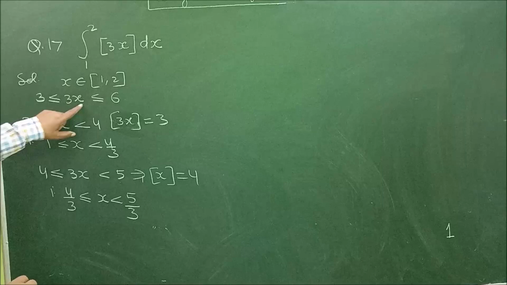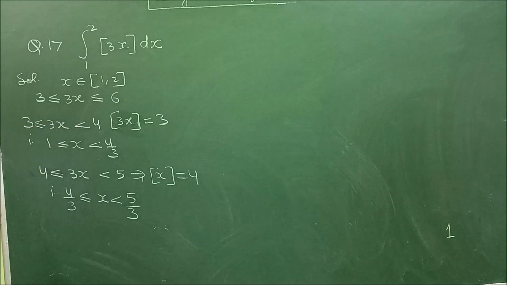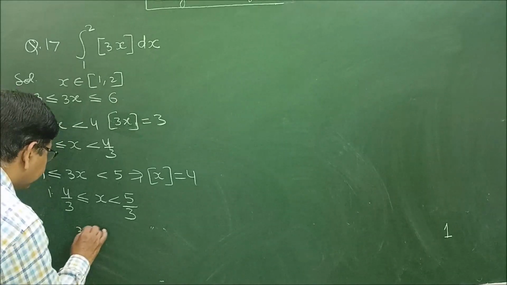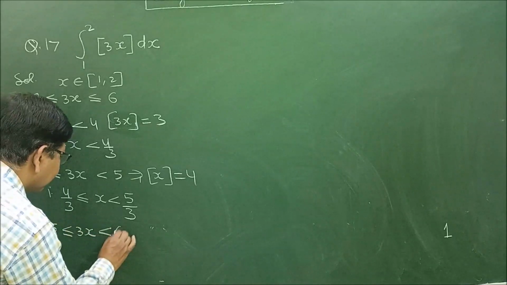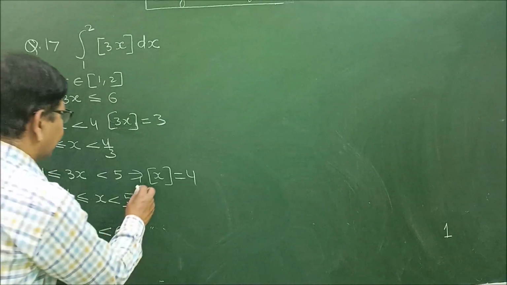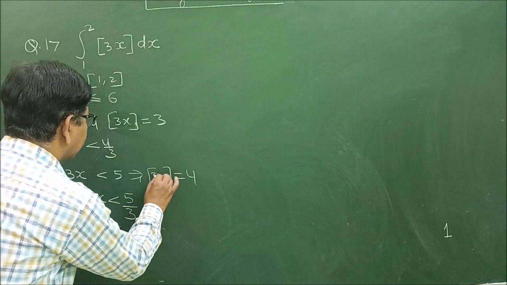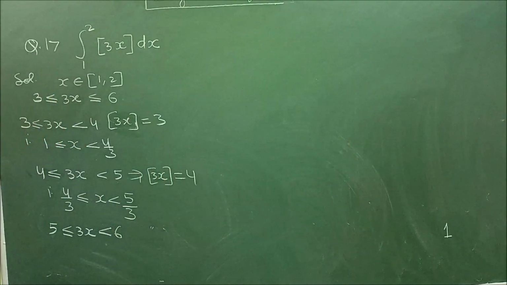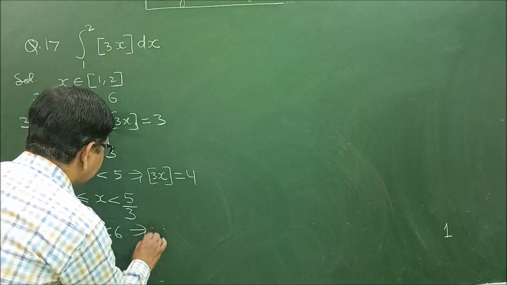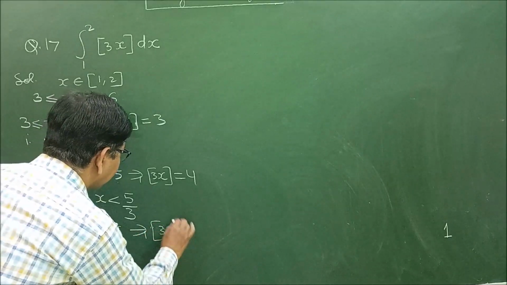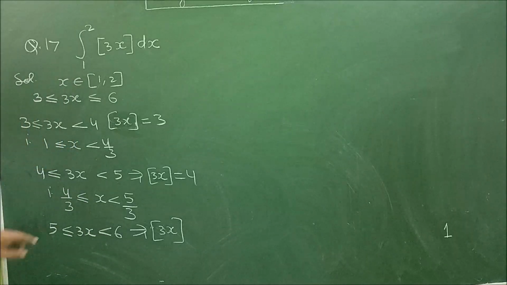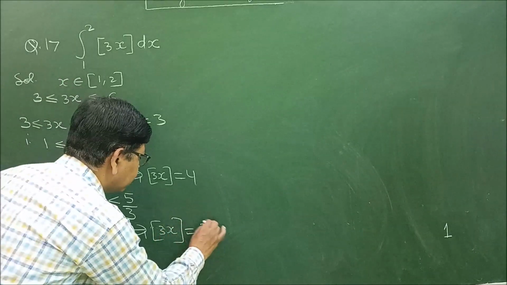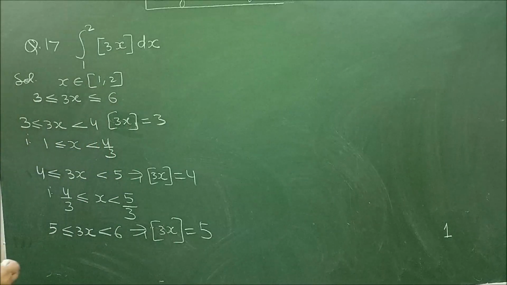Now when the value of 3x lies between 5 and 6, I must write the greatest integer of 3x, which is equal to 5, the least value.